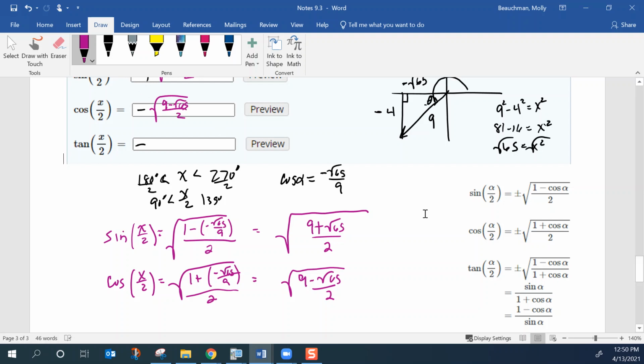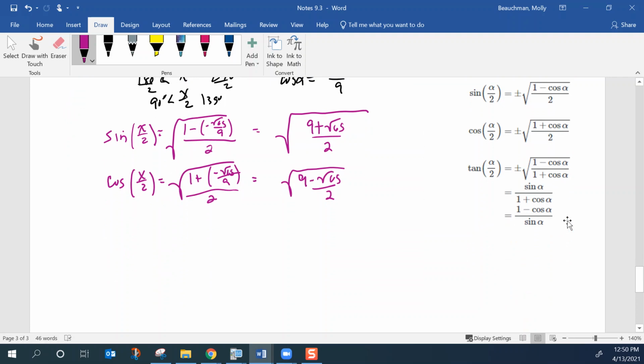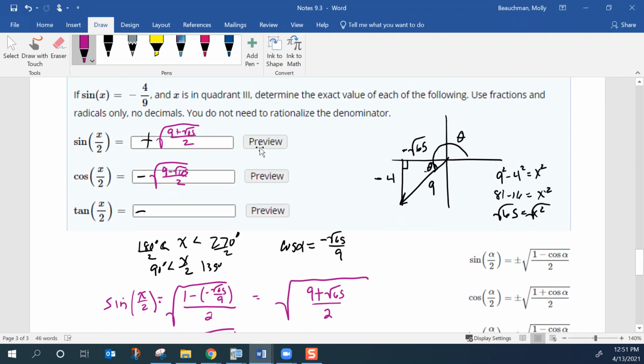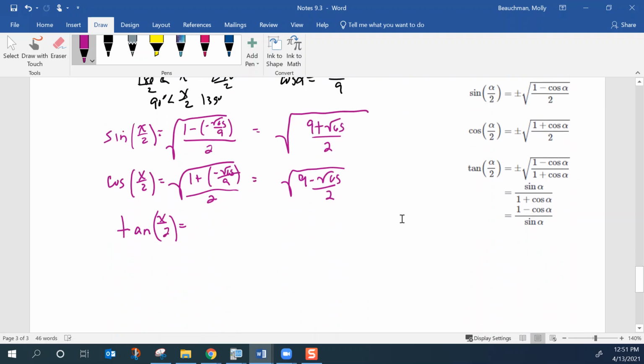And last, the tangent. You can use any one of the three formulas. It doesn't matter which. I'll just pick the second one. Sine, which is given in the problem. So the sine was negative 4/9, divided by 1 plus the cosine, divided by 1 plus negative square root of 65 over 9.